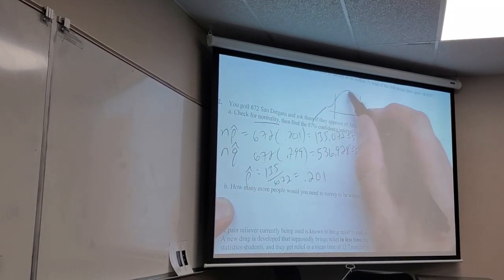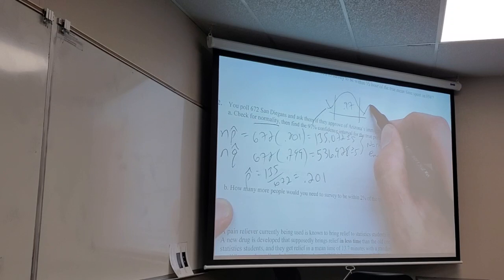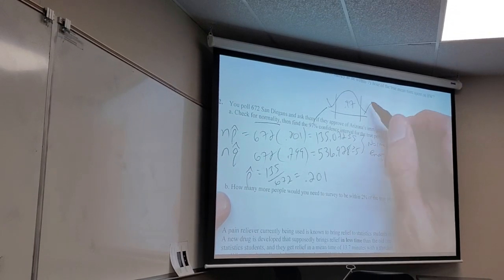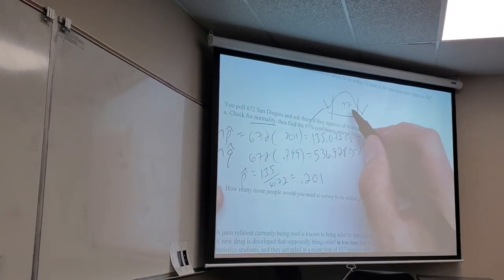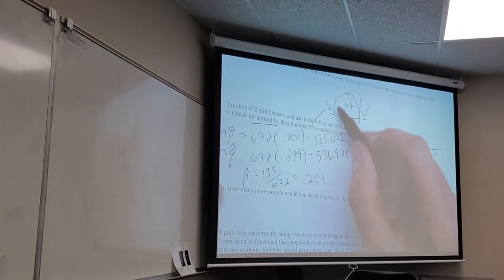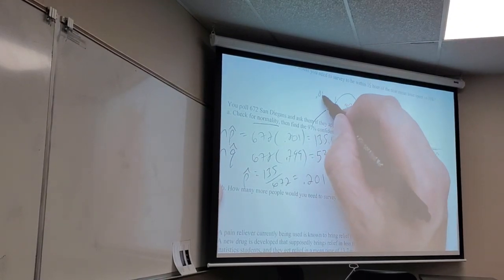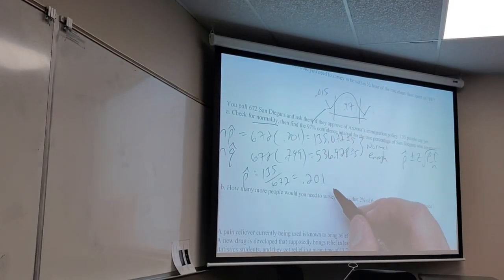By definition, there's 0.97 inside. So how much is outside? 3% outside, so it'll be 1.5% there.